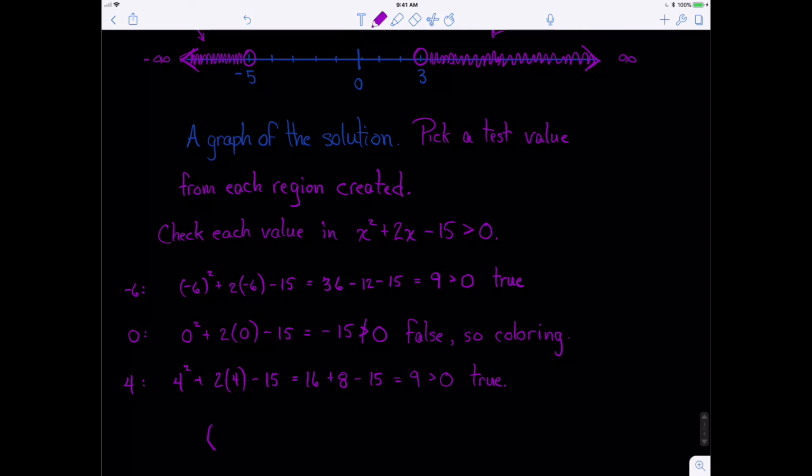We write parenthesis, negative infinity, comma, negative 5, and then since we have a circle here, we use a parenthesis, and then we say U for union, or including, and then the other region, which is 3, comma, positive infinity. Like that.